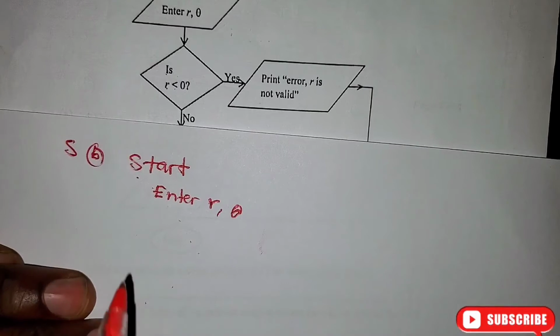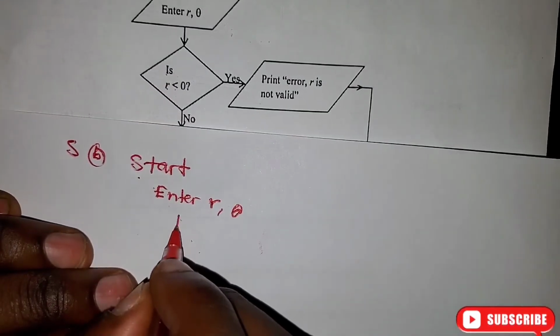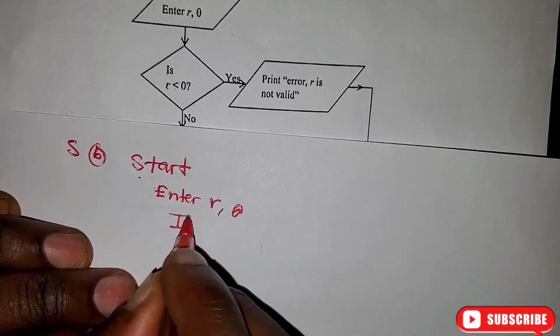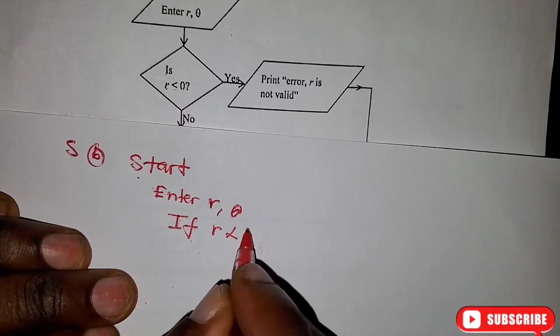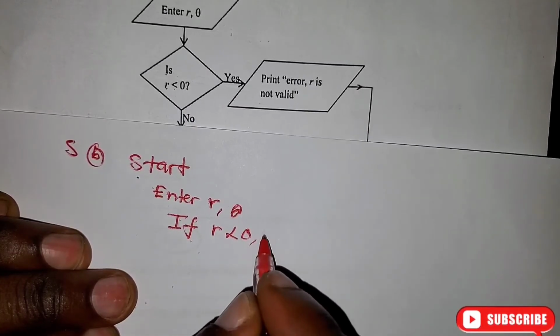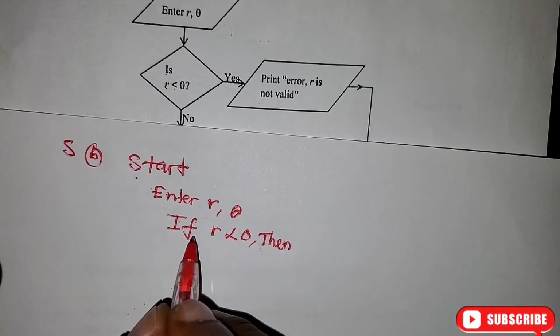To write this as pseudocode, the decision changes to if. So we say if r is less than 0, then.